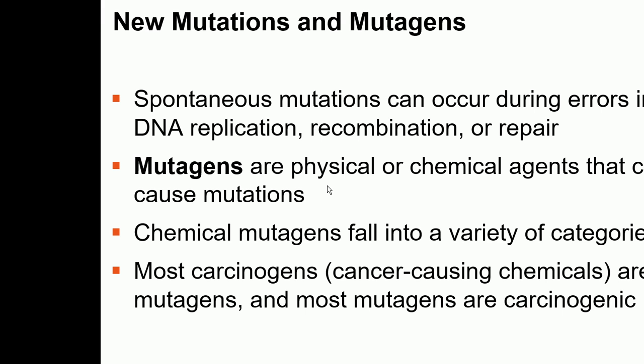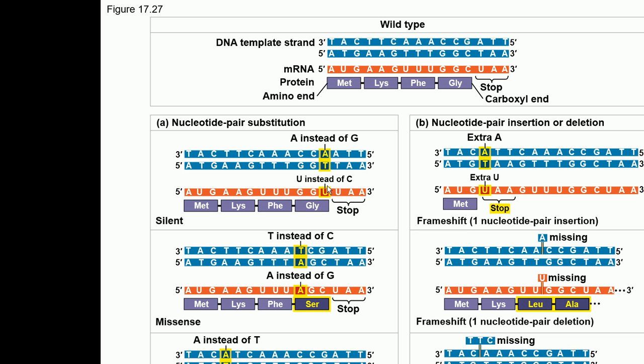Okay, now this shows you some examples of the mutations and their effects. This is the wild type gene, and this forms mRNA, and this is the sequence of amino acids in the protein. This is the primary structure of the protein.